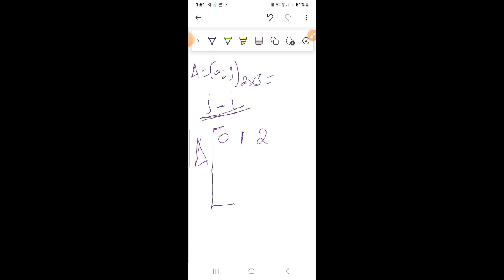A21 means the value of j is 1 and the value of i is 2. Then 1 minus 2 is -1. A22 means the value of j is 2 and the value of i is 2. 2 minus 2 is 0.